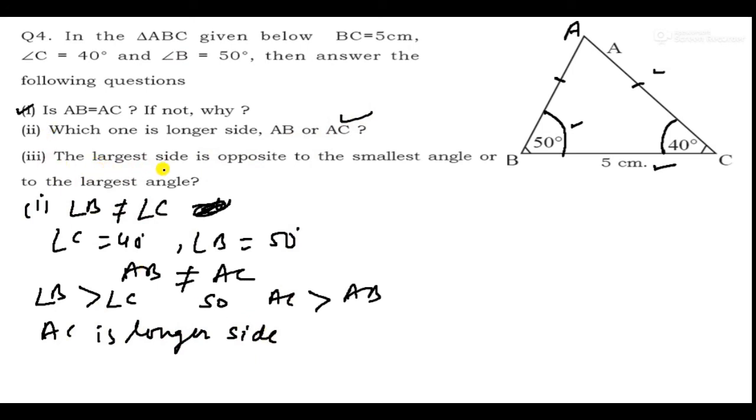The largest side is opposite to the smallest angle, or to the largest angle? No, the largest side opposite to the smallest angle is wrong. It is the largest angle.